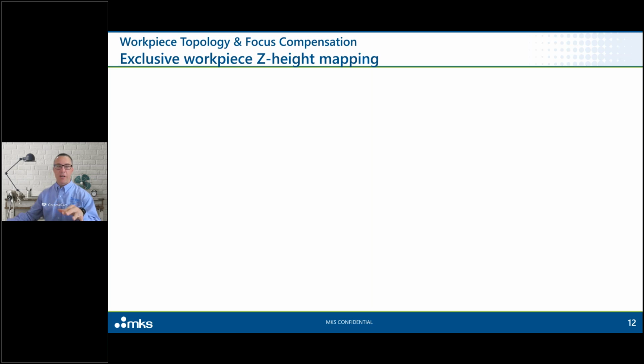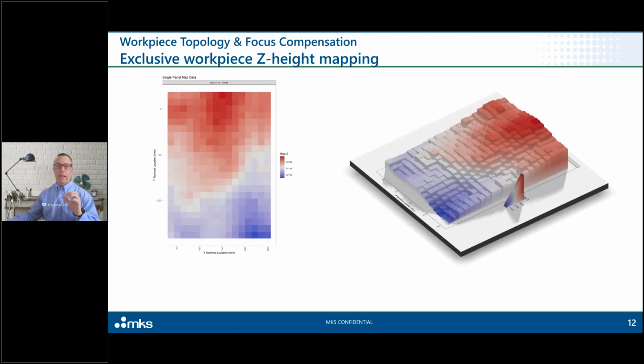So with Spot On, we are now able to accurately map the topology or the Z height across the entire panel. This mapping can be performed on a customer prescribed interval. For example, every panel, every 10th panel, each first panel of every lot. There are various combinations that a customer can decide to choose depending on their process.